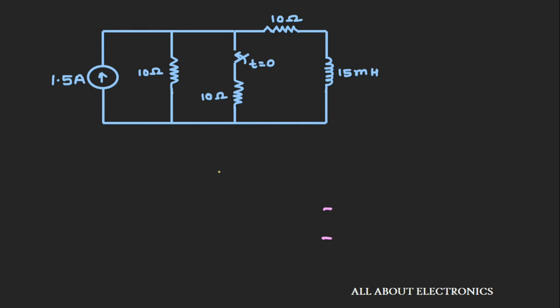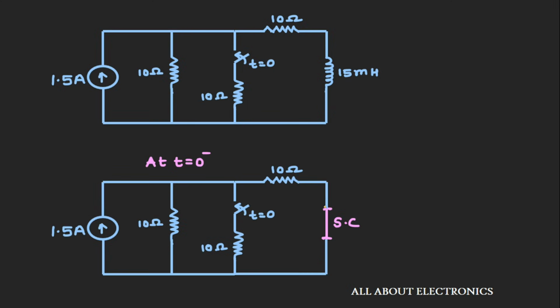Since this 1.5 ampere current has been applied to the circuit since a long time, this inductor will act as a short circuit, and hence the circuit at time t is equal to 0 minus will look like this. This 1.5 ampere current is getting divided between these two 10 ohm resistors. So you can say that IL of 0 minus is nothing but 1.5 divided by 2, that is 0.75 ampere.